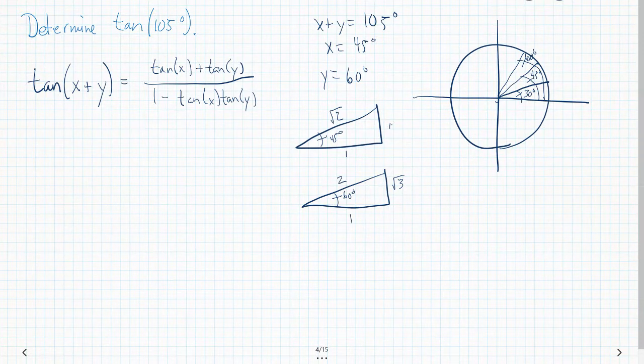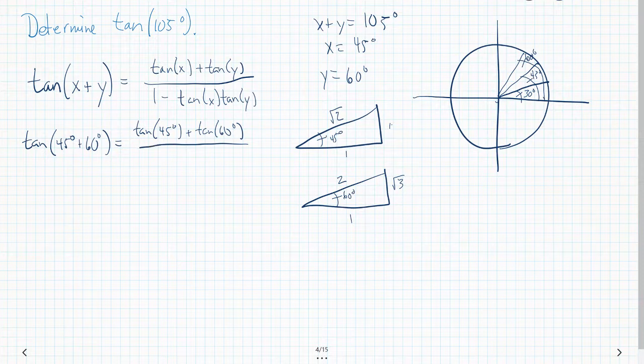Okay, so that means that this thing equals, so well, first let's plug it in. We have tangent of 45 degrees plus 60 degrees equals, let me write it out, tangent of 45 degrees plus tangent of 60 degrees all over 1 minus tangent of 45 degrees times tangent of 60 degrees.